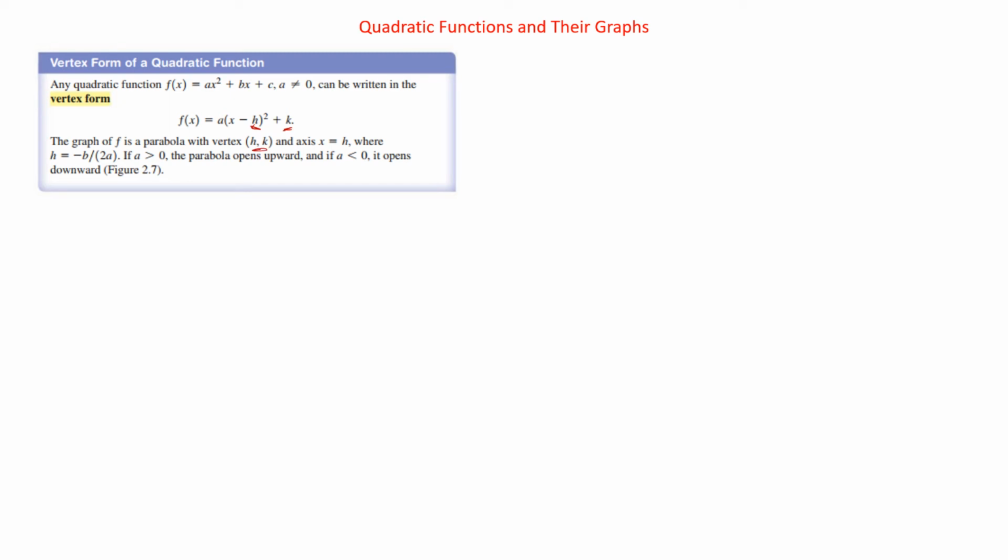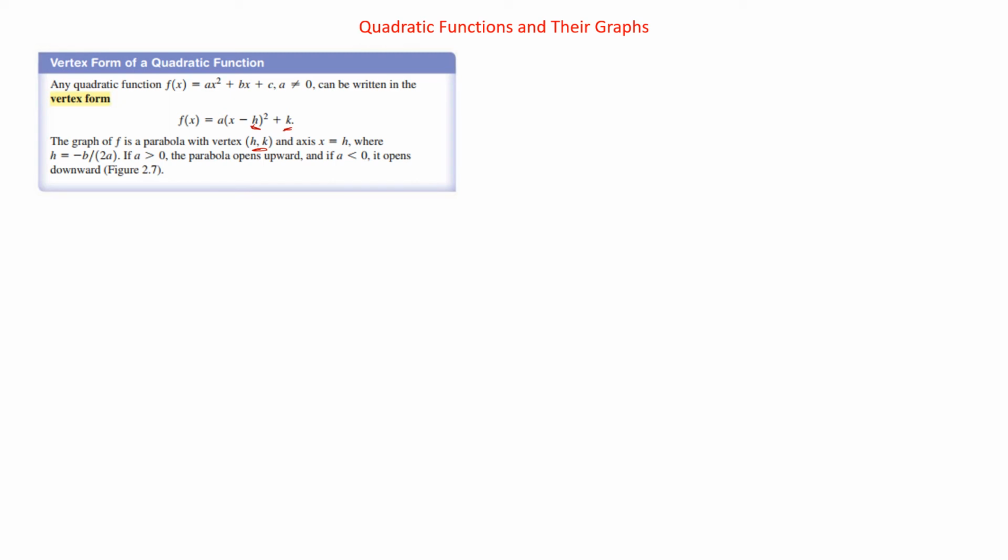The axis of symmetry is x equals h, and we talked about if a, the leading coefficient, is positive, it opens up. If it's negative, it opens down. But this is vertex form because it has the vertex in it.